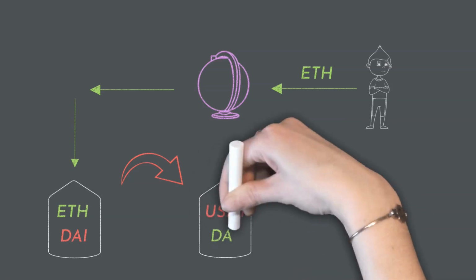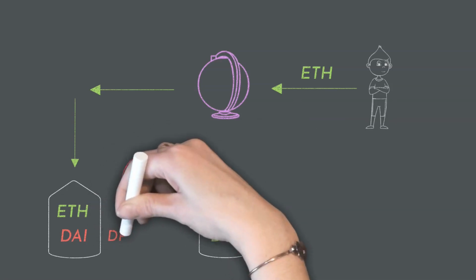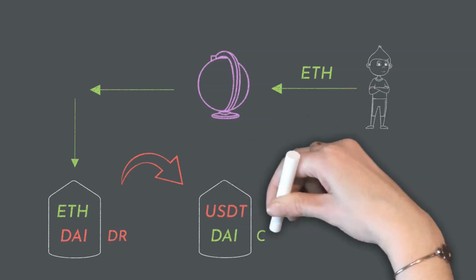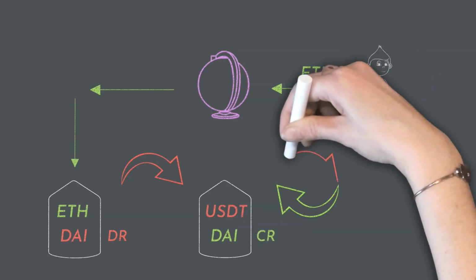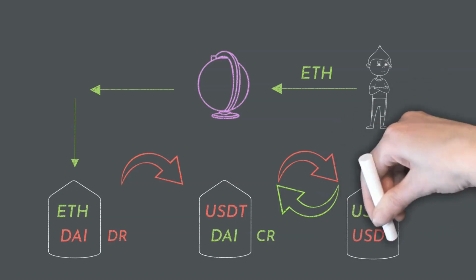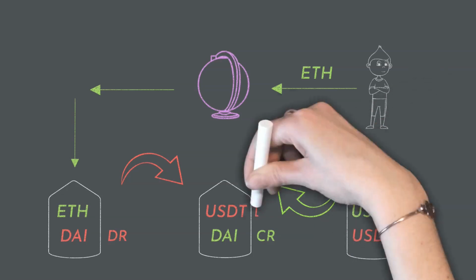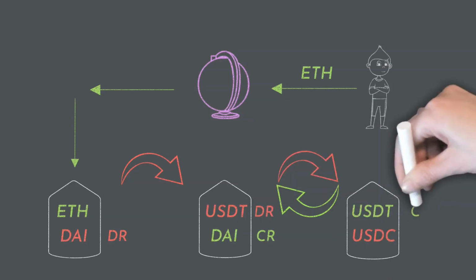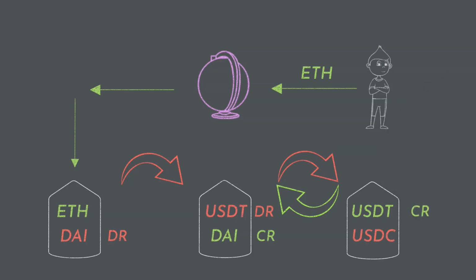This swap debits DAI from the first pool and credits DAI into the second pool. For the last hop, the router calls swap again on the USDT and the USDC pool. This final swap debits USDT from the DAI and USDT pool and credits USDT into the USDT and USDC pool.